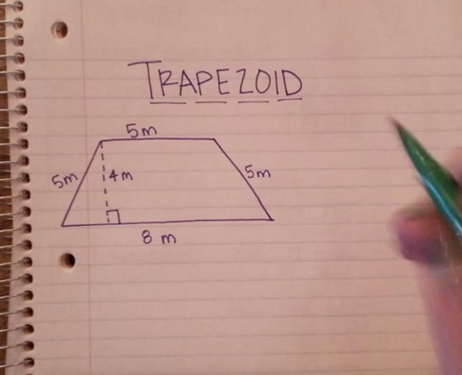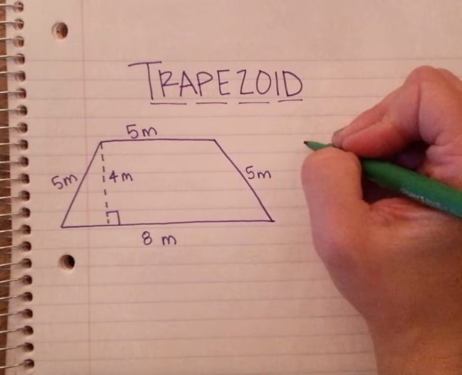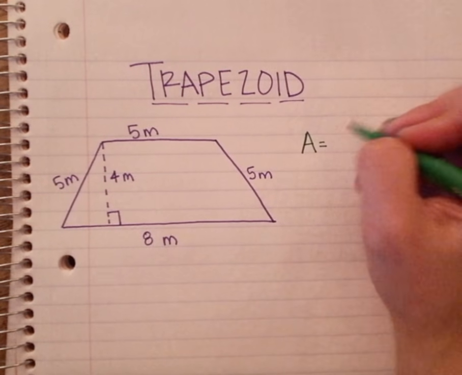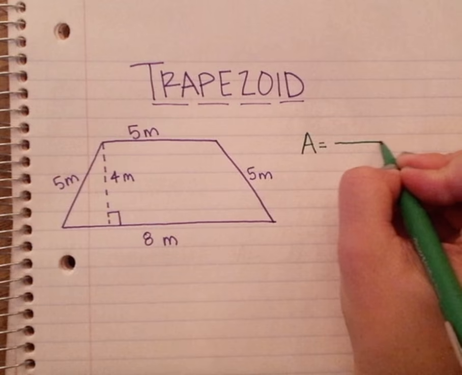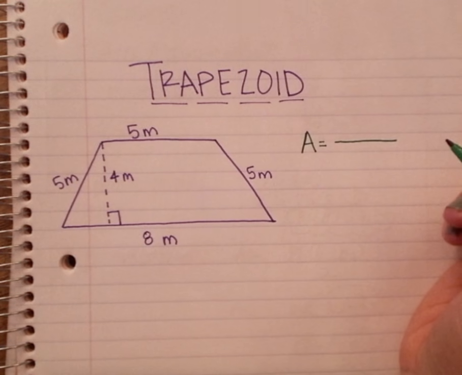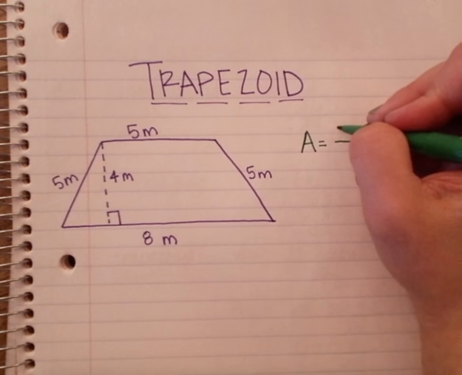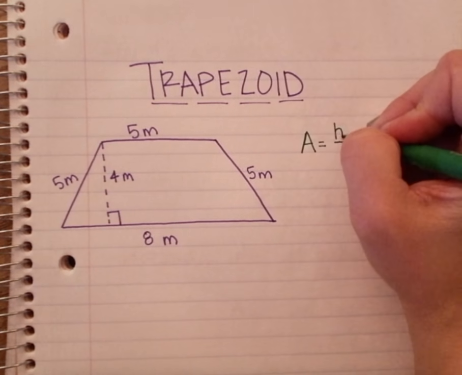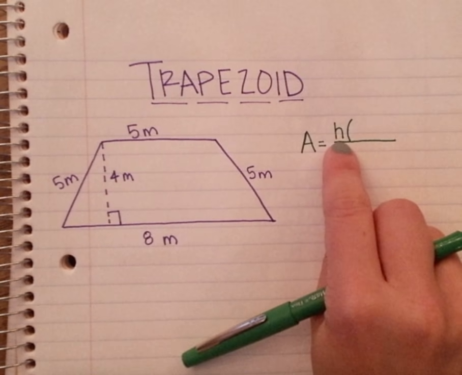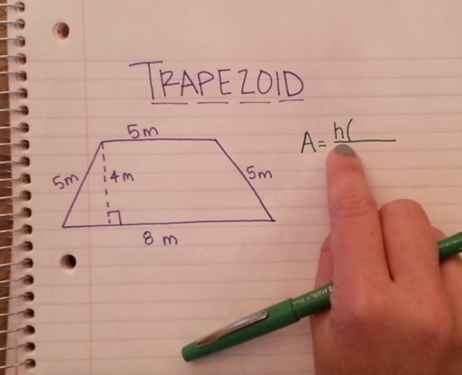So here it comes. Okay, so the formula for the area of a trapezoid is A equals, and we have another fraction with this one. So that fraction means to do what? So you're going to have a top portion and a bottom portion. So here comes the top. On the top, you're taking H, and then we have parentheses. When H is right beside that parentheses, what operation does that mean?